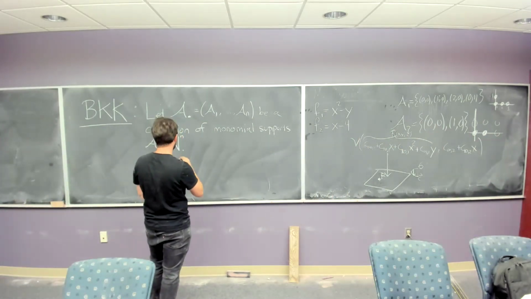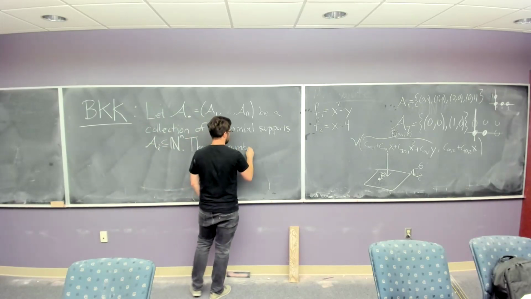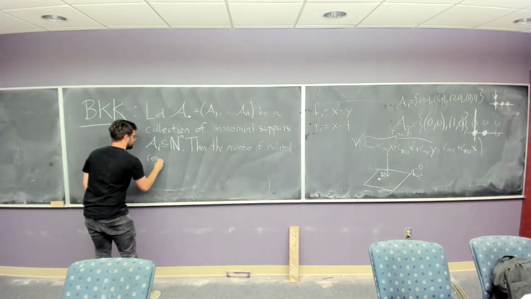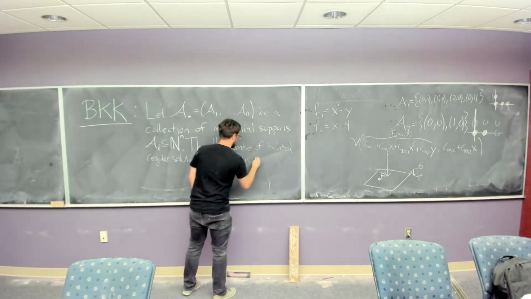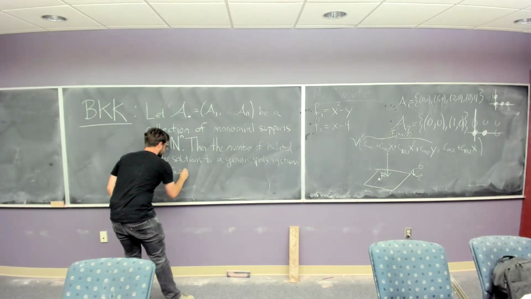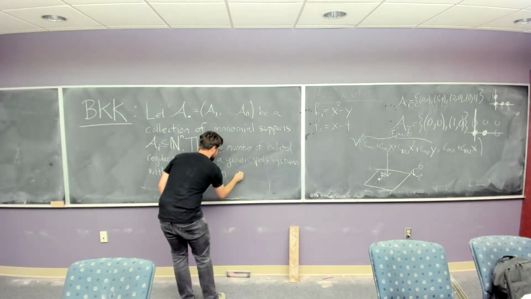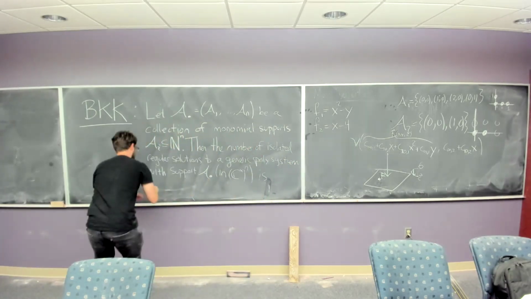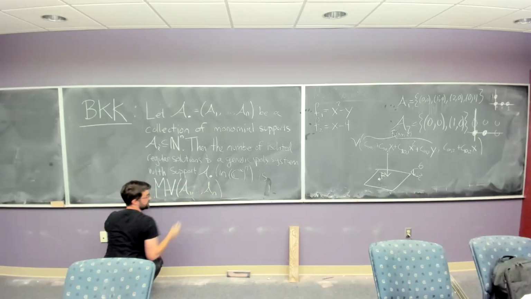Okay. Good. And the number of isolated regular solutions to a generic polynomial system with support A dot, and I'll put in parentheses in C star to the n, is this mysterious game.